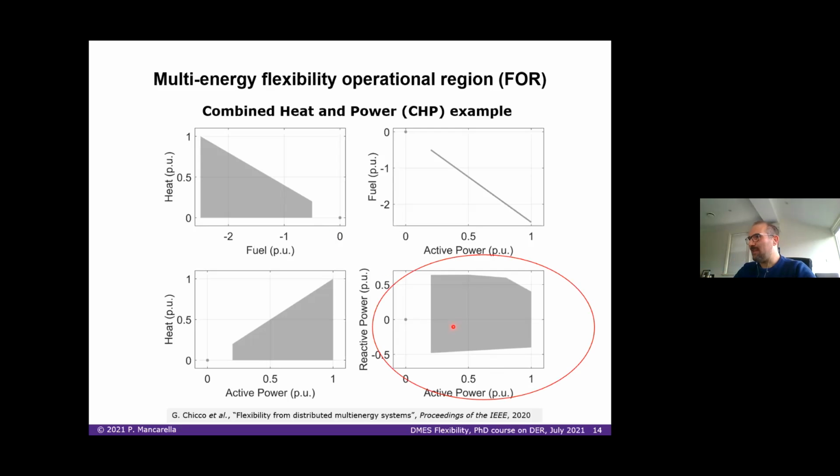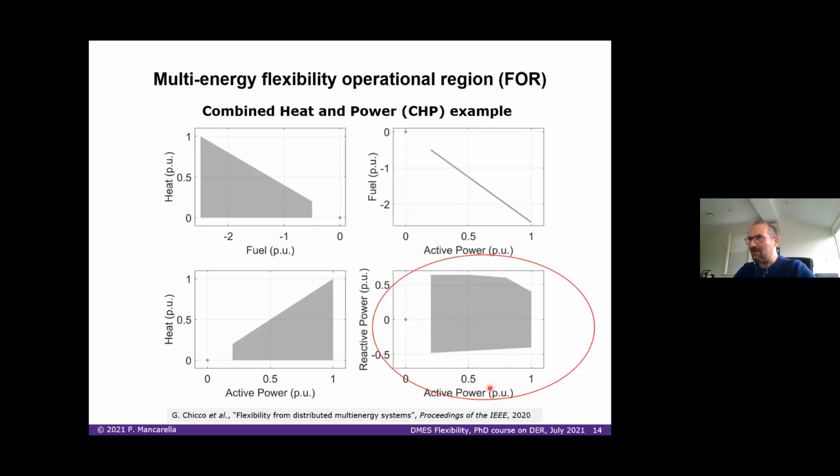Because, for example, the active-reactive power capability here is basically what I had before. It's, for example, a synchronous generator. This looks more like a synchronous generator than the model we used before. In this case, we model this as a disjoint region where either you are zero or you switch on your engine, and then you have a minimum stable generation level in terms of active power.